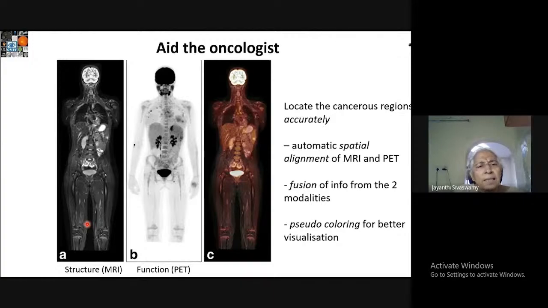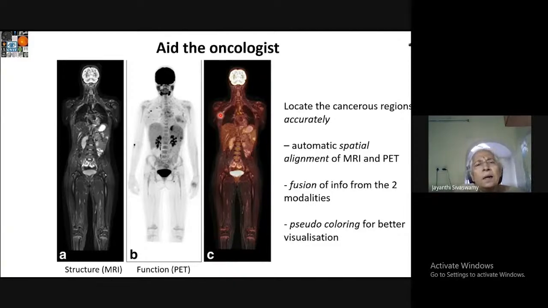You are looking at the exact location of the lung and the boundary and so on. For that, you need a structural image. So you combine the two and you do a fusion. You have to automatically spatially align the MR and the PET image, then fuse the information from the two and do a pseudo coloring so that the oncologist can see at a glance where is the cancer, how big is it, and so on.